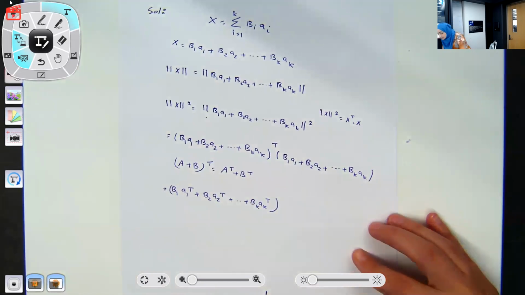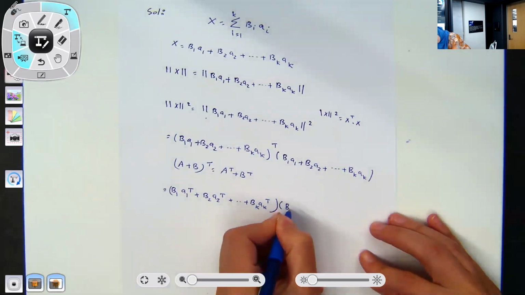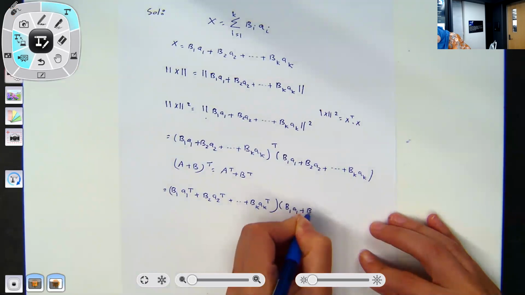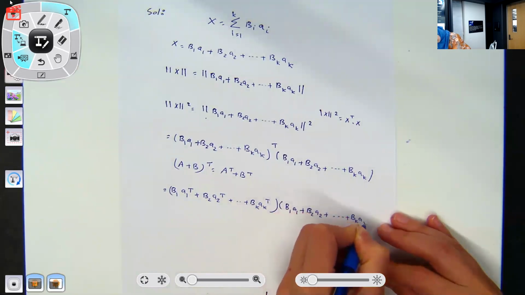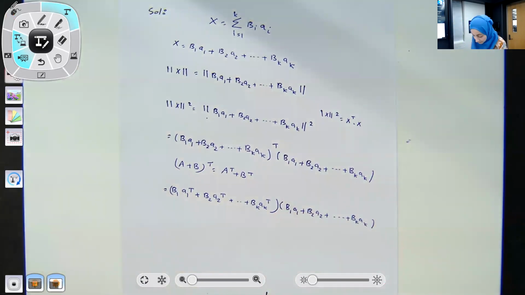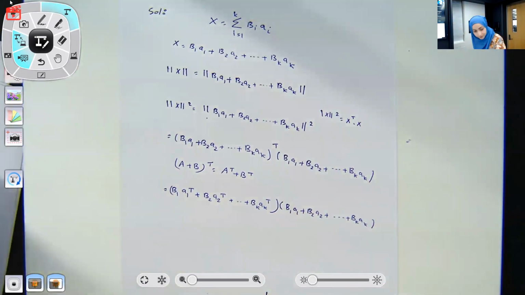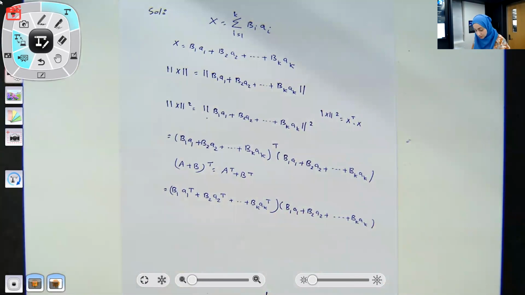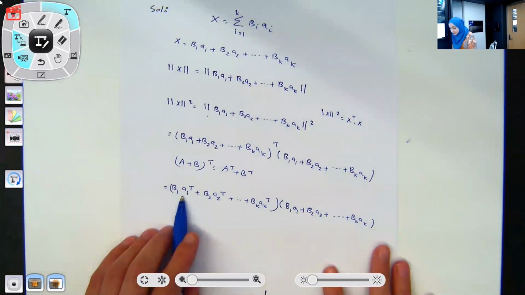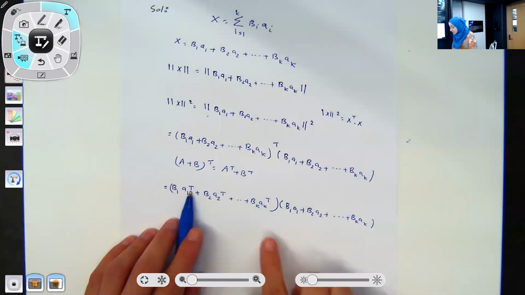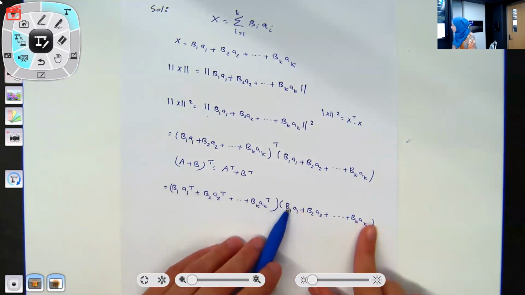All of this multiplied with B1 A1 plus B2 A2 up to BK AK. Now we need to expand. We need to multiply each term from here, B1 A1 transpose, by each term in the second bracket.